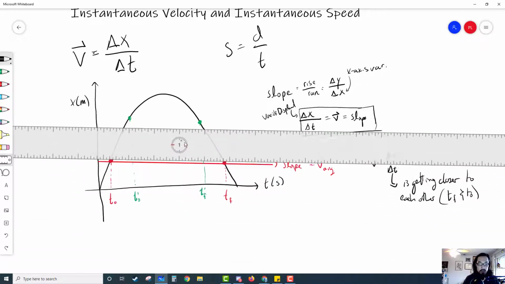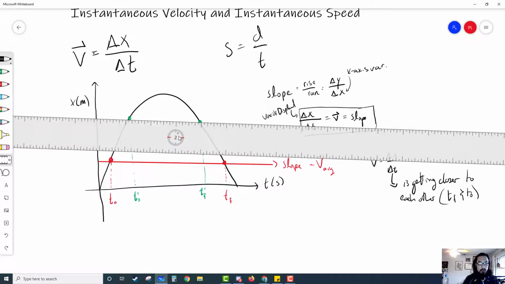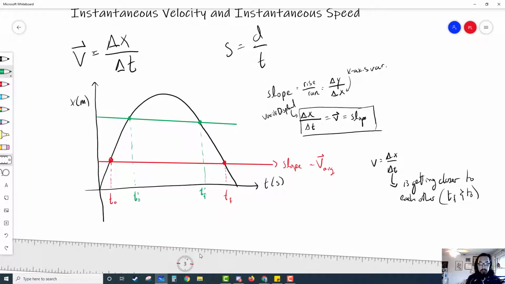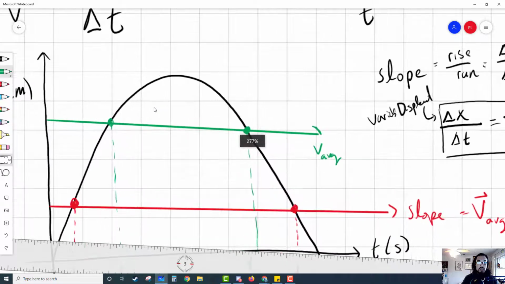We want to do the same strategy here and connect the 2 points. Whatever the slope of this line is will be your V average for these 2 time intervals. Now, the reason why we're doing this is this will help us to find instantaneous velocity.